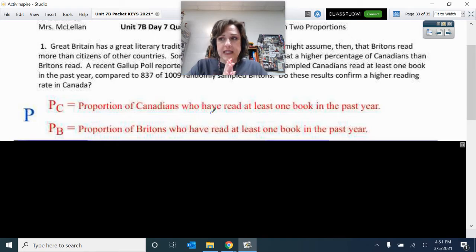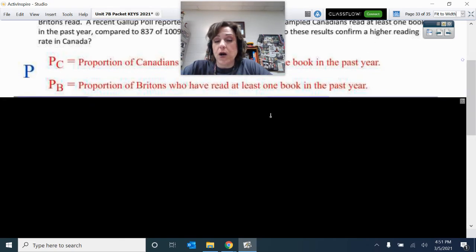This is the current Canadians who say that they've done that thing in the past. Then the same thing for the Brits, the proportion of Britons who say that they have read at least one book in the past year.